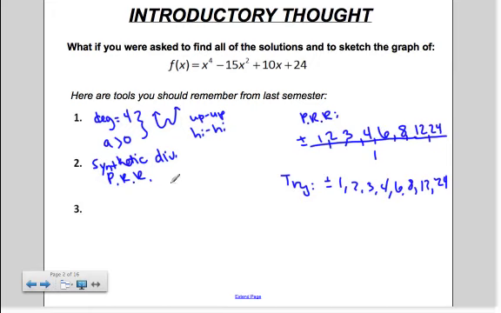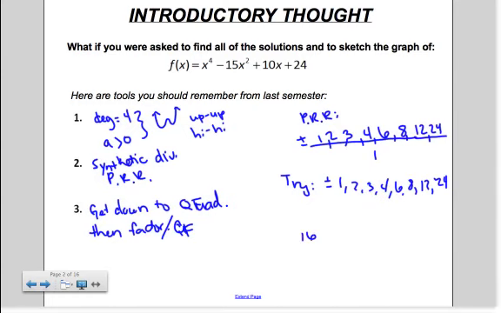And let's remember our third tool: we would get this down to quadratic form, and then the cool thing is once we're in quadratic form, we can either factor or use the quadratic formula. Now, here's the problem. If we look at how many we have to try, how many possibilities is that? 16.